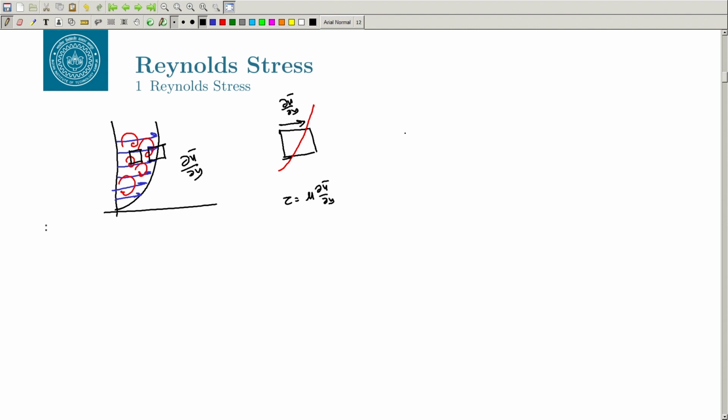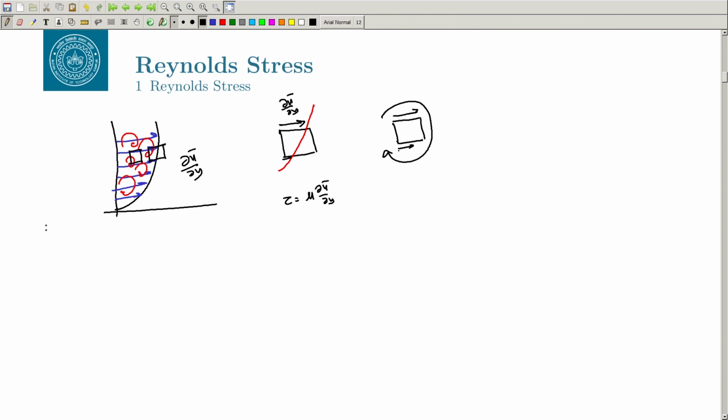Now, because of the eddies, if you take the same fluid element, you have higher velocity there and low velocity below, but you have the motion of a certain eddy. These eddies you can consider as very close to the motion of molecules.